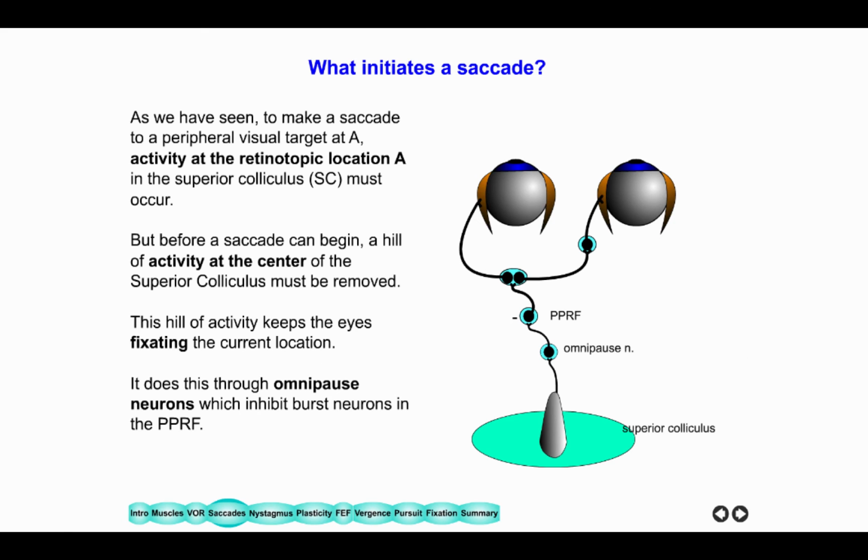That tonic activity goes to these things called omnipause neurons, because they're on most of the time and then they briefly pause. They pause only during saccades. So they're inhibiting the PPRF from firing, and then they stop for some reason, and the saccade proceeds. So whenever there's a hill of activity here, this thing is being activated, which in turn inhibits the production of saccades. As long as you keep a hill there, you have to maintain fixation.